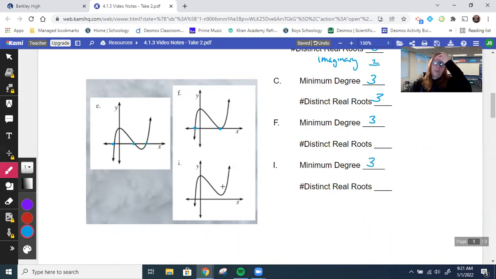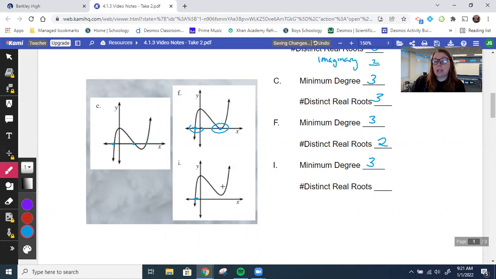It's the same shape, just shifted, but here it's only hitting the x-axis twice because there's a bounce. So this is counting for 2 and then 1. All right, so there aren't any imaginary roots in this one. Just because this is 2, it doesn't mean there's 1 imaginary, because that's a bounce and that counts for 2 of them right now. But in this one, it's only hitting the x-axis once.